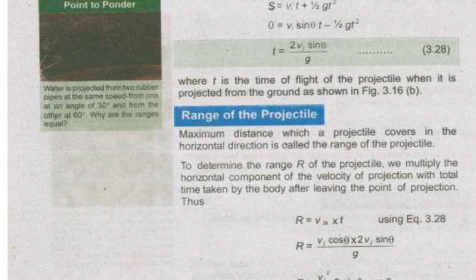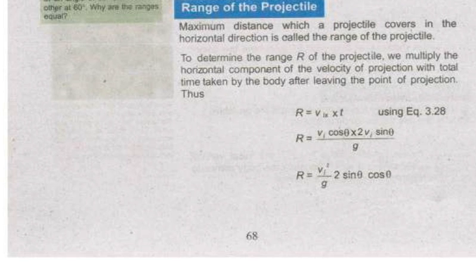How can we now find the range of the projectile? Because it is the horizontal distance, we take the horizontal component of the velocity and the time of flight, for which the body remains in the air, or the time taken by the body to cover this maximum distance along the horizontal.